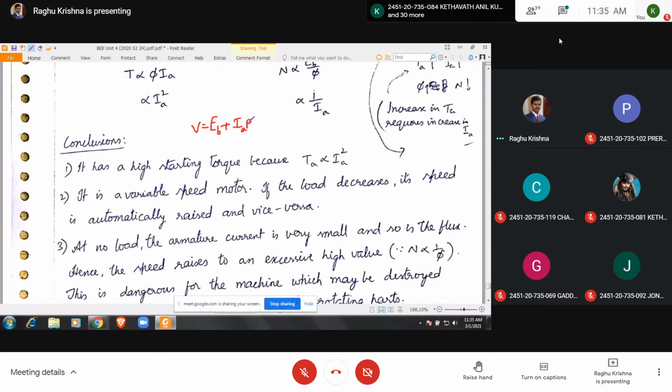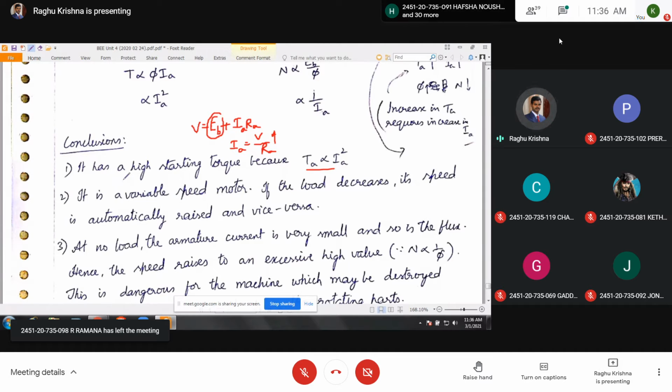Now if Eb equals 0, then what about Ia? Ia equals V by Ra. This will be very high. If Ia is high, torque will be high. So here you are going to get high starting torque.